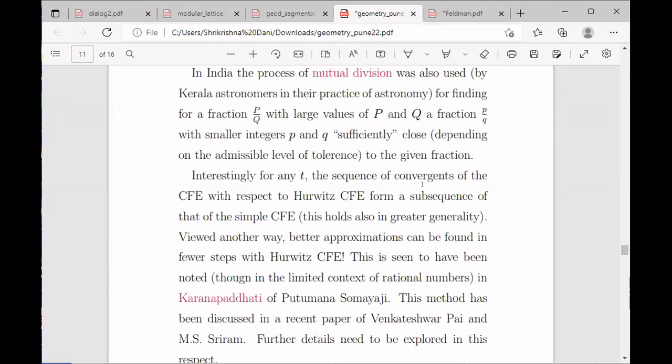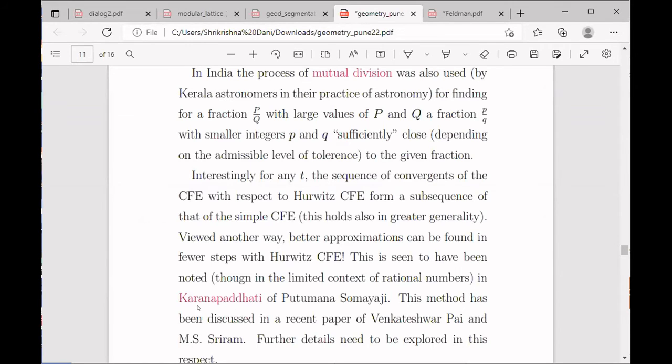So you can have the corresponding continued fraction expansion of this, a mutual division in which you are allowed to switch sides. This is seen to have been noted, though in a limited context of rational numbers. Of course, they were not talking about irrational numbers.